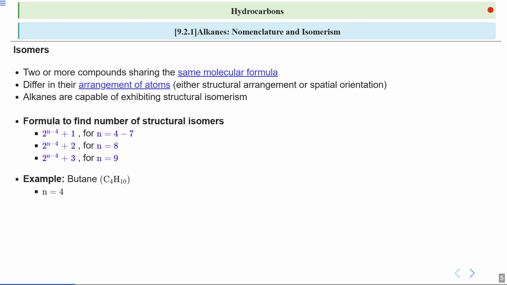Therefore, we will use the formula 2^(n-4) + 1 to calculate the number of structural isomers. We put the value of n as 4. So the number of isomers is 2^(4-4) + 1, and this gives you the answer 2. So the total number of structural isomers possible for the formula C4H10 is 2.